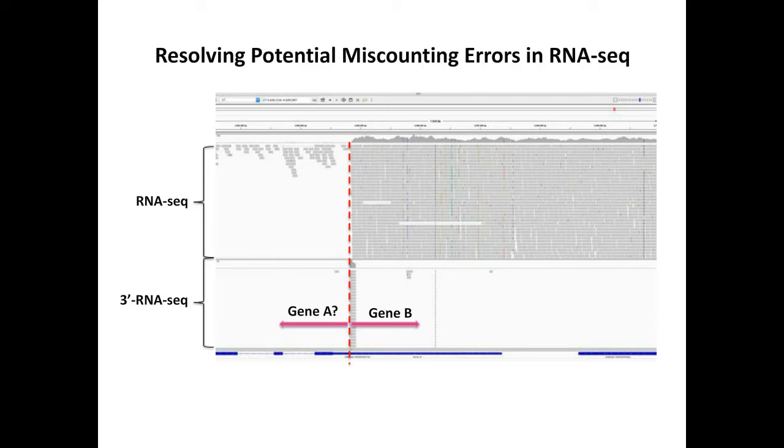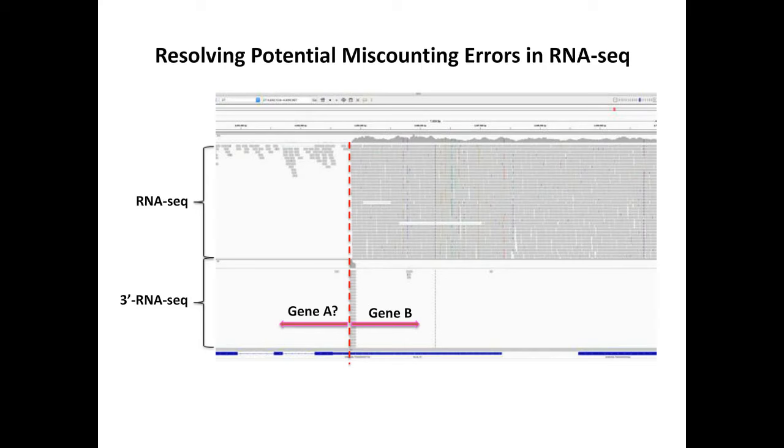But gene B starts here, while in the gene model this region belongs to gene A. So if we use RNA-seq, we are going to count all these transcripts for gene A, but actually these reads belong to gene B. So we can separate these two genes here. Gene B will start from here, but because we have low expression of gene A here, we cannot determine with high confidence where gene A starts.